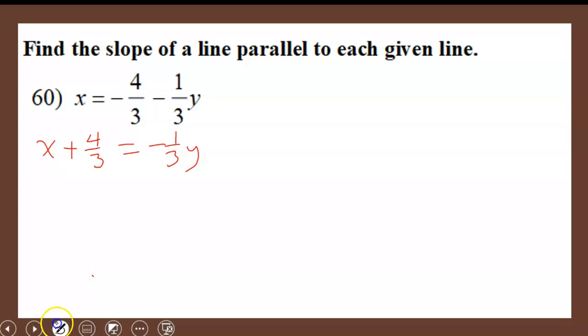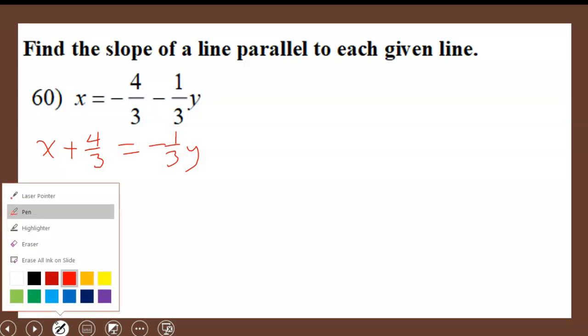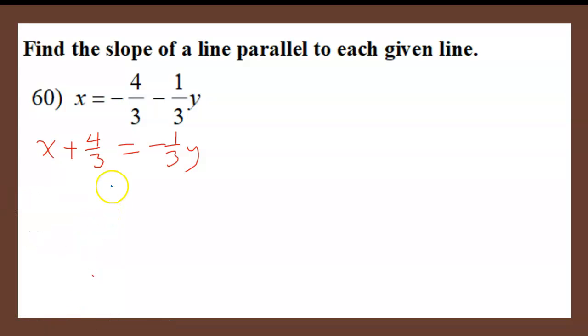So next we are going to multiply everything by the reciprocal of negative 1/3, which is negative 3. So we're going to multiply by negative 3 over 1.